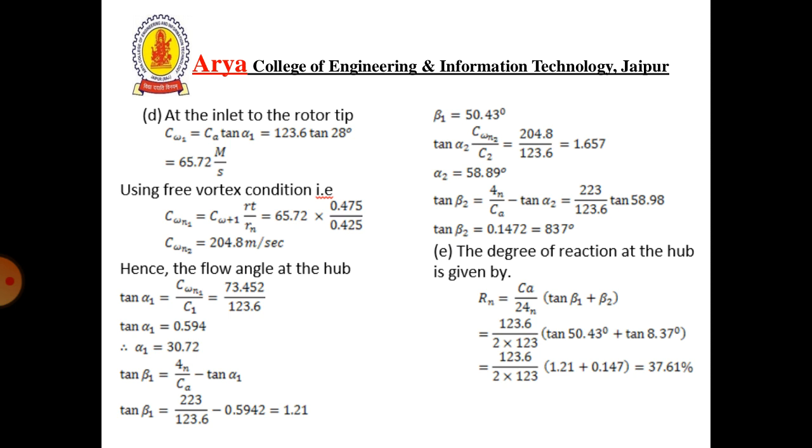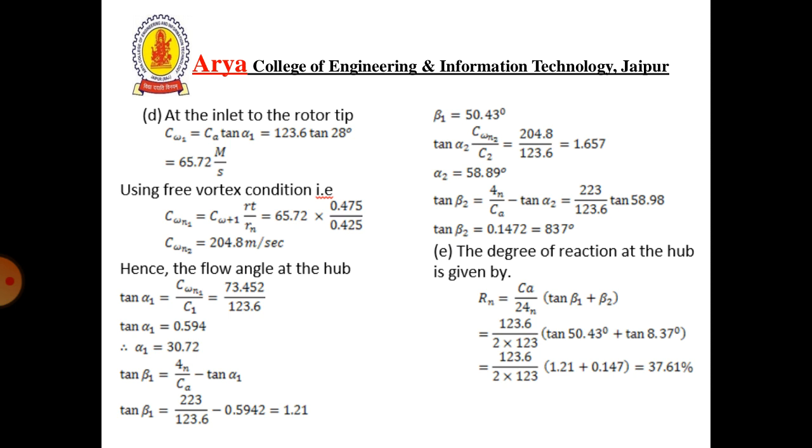Now the next point, at the inlet to the rotor tip we have Cw1 equals Ca tan alpha 1. By using the free vortex condition, Cw times r is constant, and hence the flow angle at the hub can be calculated: tan alpha 1 equals Cw upon Ca, equals 73.452 upon 123.6, which is 0.594.